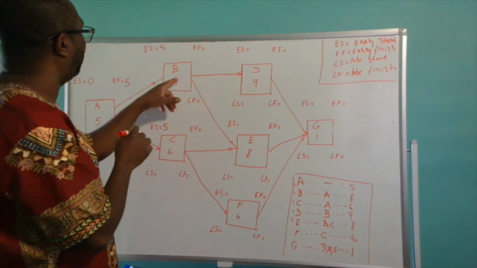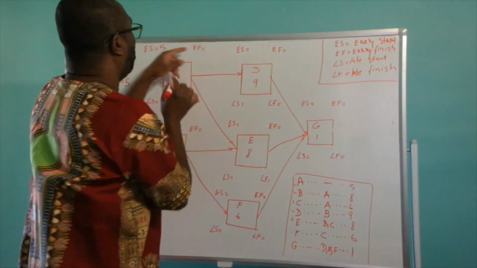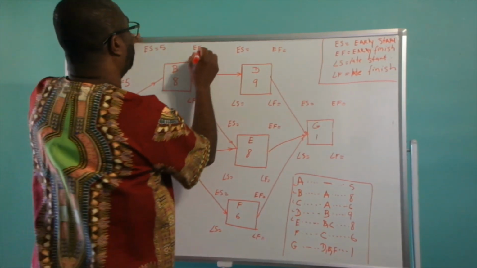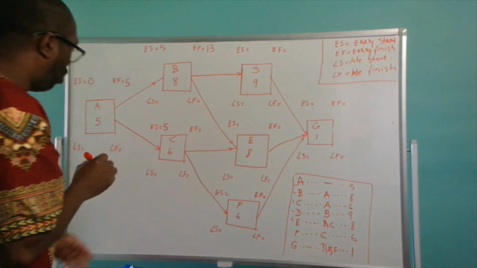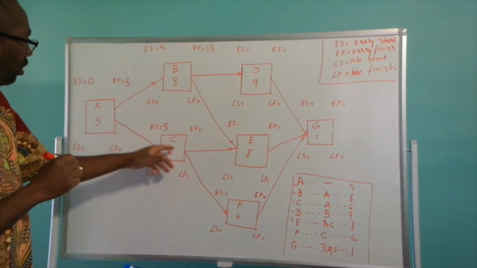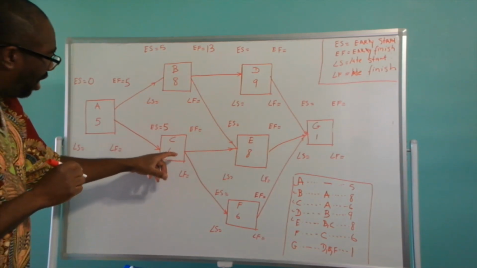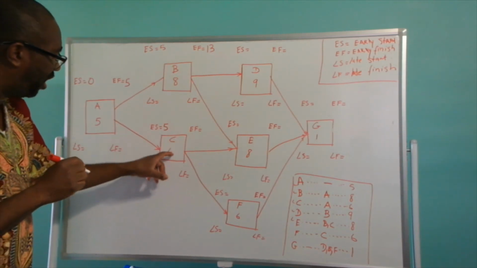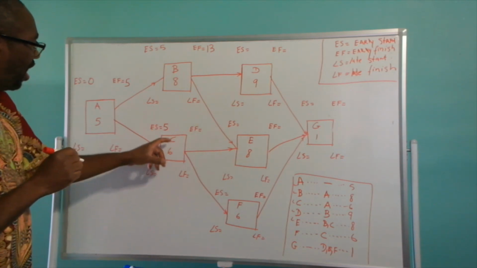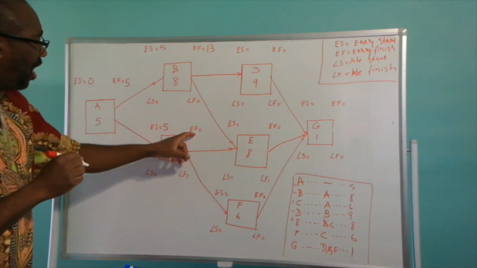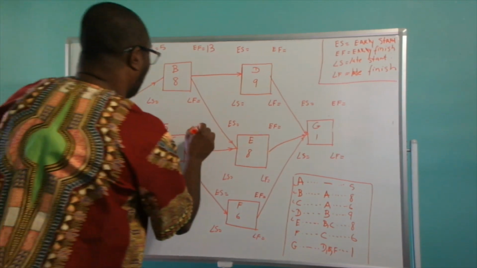So we're going to add this 8 to this 5. So our early finish for activity B is going to be 13 days. Right? We are going to do the same thing. Activity C has a duration of 6 days. So we're going to add this 6 to this 5. So activity C is going to have an early finish of 11 days.